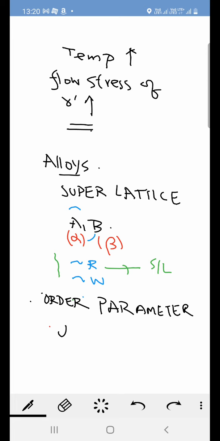It is L, and it is equal to R minus W by N, right minus wrong atoms, where N is actually R plus W, the total number of atoms.